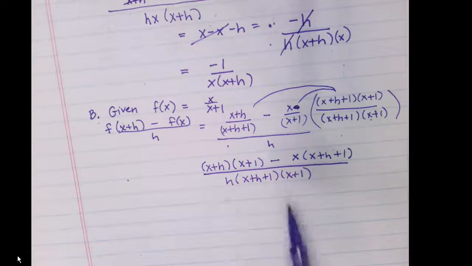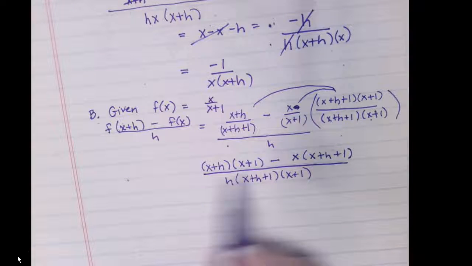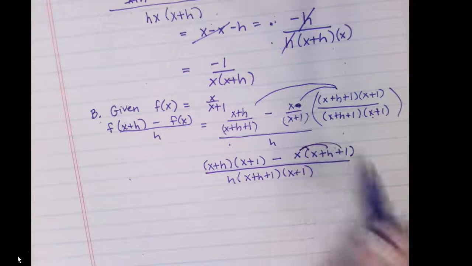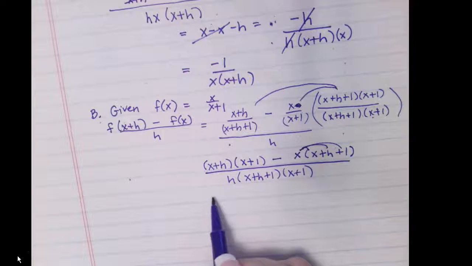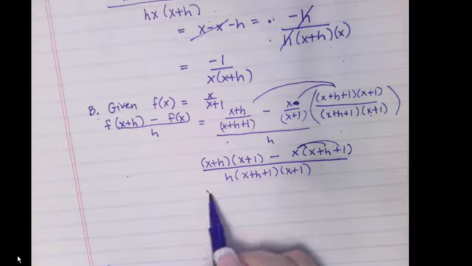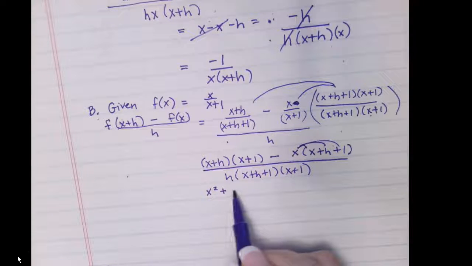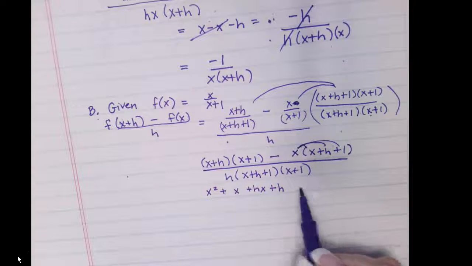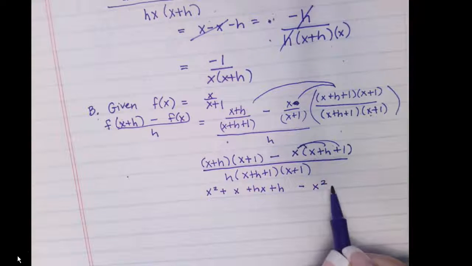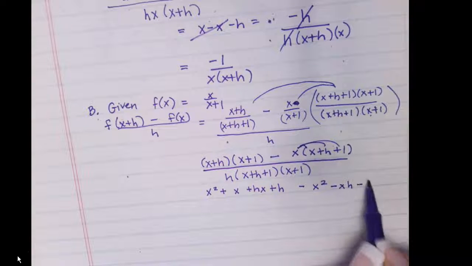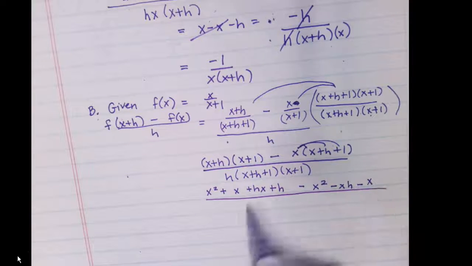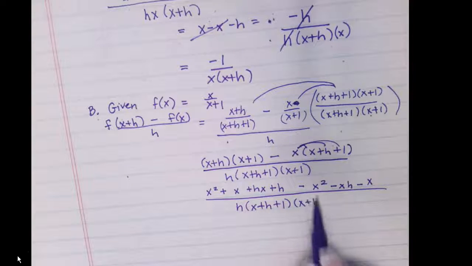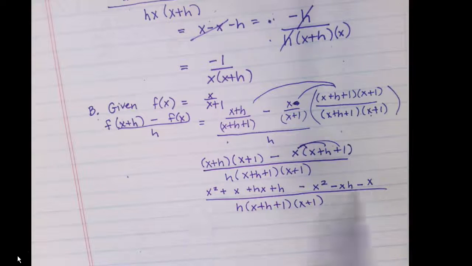Then I'm going to distribute everything out. I'm going to do double distribution here and distribution here. And let's see what I get. Combine like terms in the numerator.